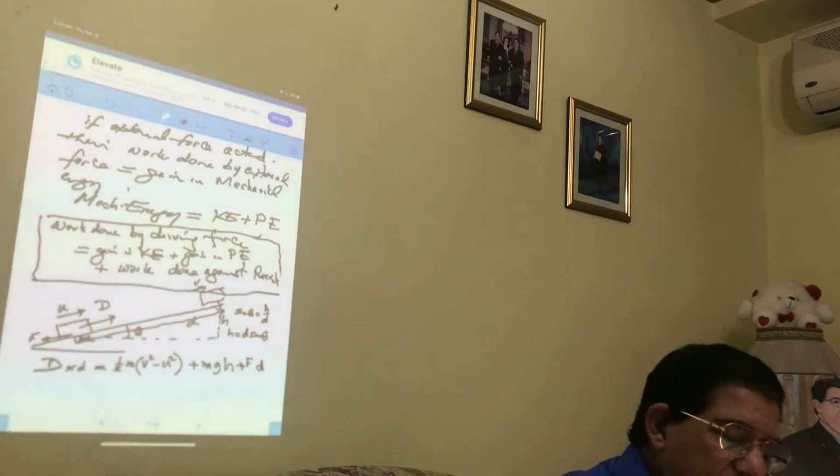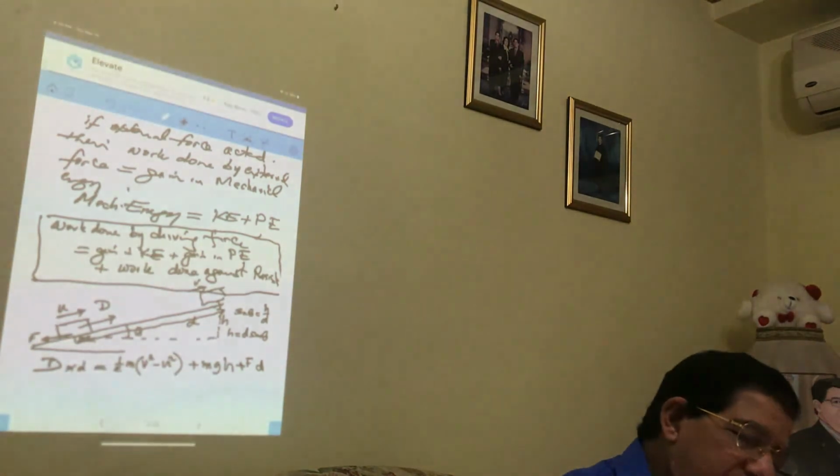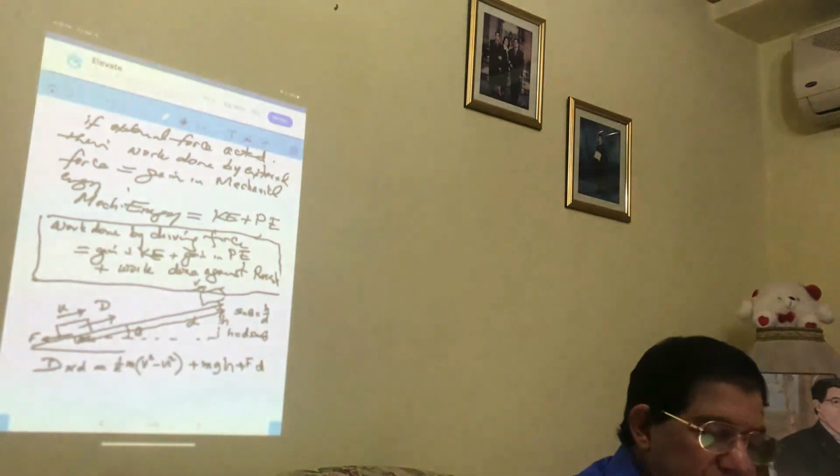This is the equation used. This is the application of that equation.